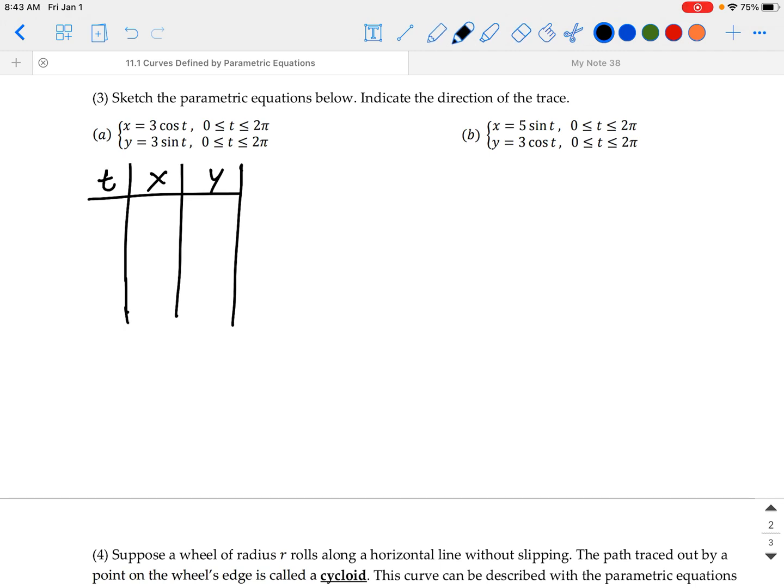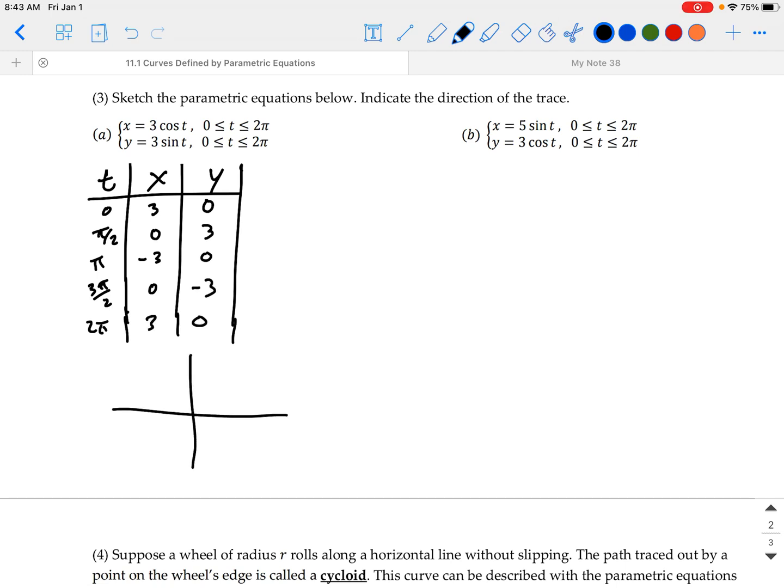So we can choose nice values between 0 and 2 pi, and then compute. So we'll have 3, 0. So this is cosine and sine. So this is going to be when we calculate our typical representation of the circle.